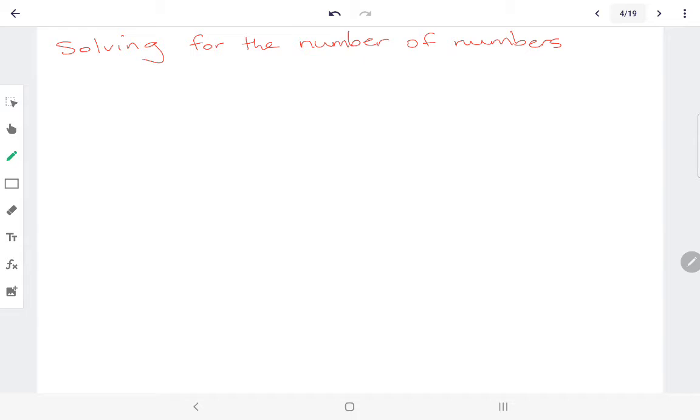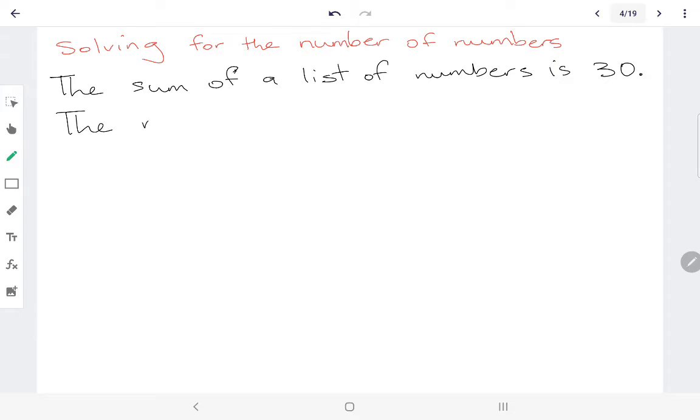Solving now for the number of numbers. So when given the mean or the average and the sum of the numbers, we can calculate now the number of numbers that are in the list to make up that mean or to give it that sum. So for example, the sum of a list of numbers is 30.